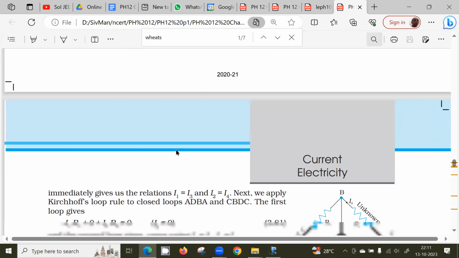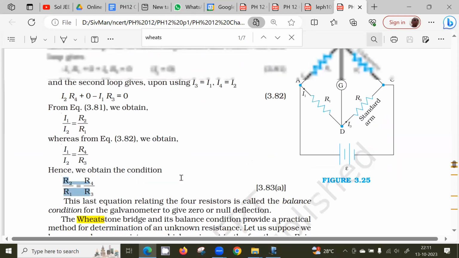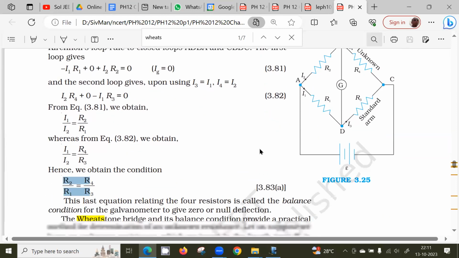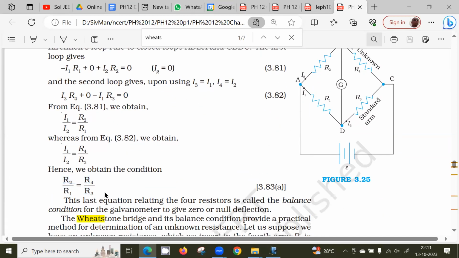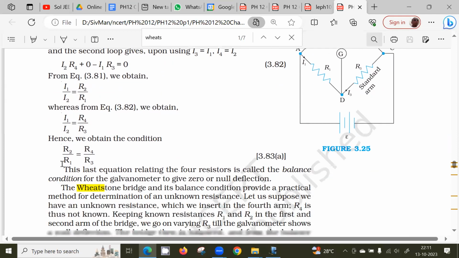Go to the derivation of Wheatstone bridge. This derivation you should know. One way to remember this formula is R1 by R2 equal to R4 by R3. So I remember it like this: R2 by R4 equal to R1 by R3. This derivation you should know.